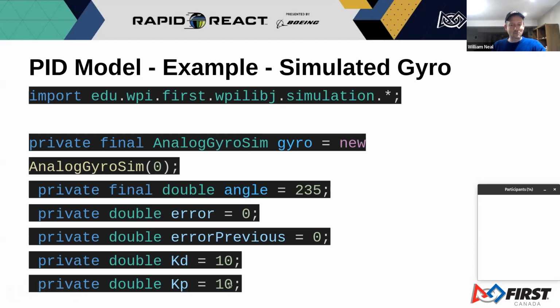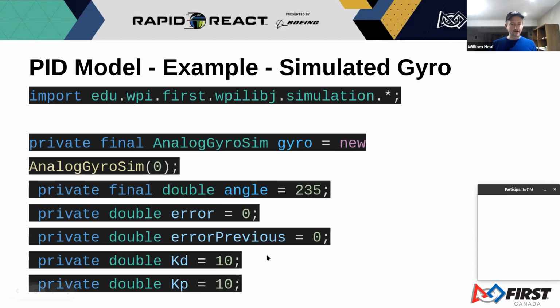You'll note that 10 is way too high, and something less than 1 was working for us much better than, say, the value of 10. There's the error and the previous error. I just started them out as 0 as they start working as we do our calculations. And there's the angle I was aiming at. And of course, if you want to go to 235, why not turn the other way? So you could probably set up the code with some negative signs and head in the other direction instead.